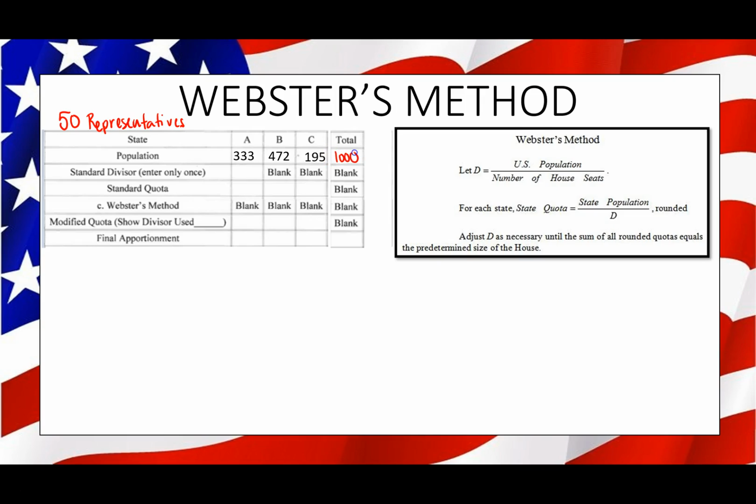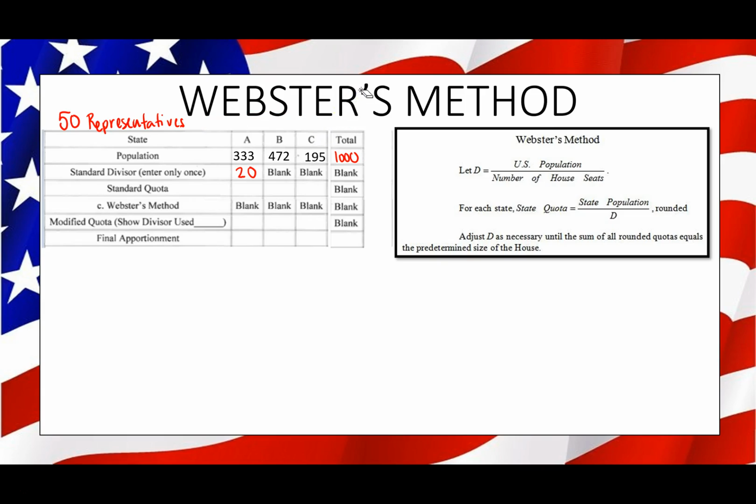Remember, to get our standard divisor, we're going to do 1,000 divided by 50. And that gives us a nice number of 20. Now, we are hoping that we can actually get the standard quota and it works. In other words, that we don't need a modified quota. We don't have to change that 20 to a 19.9 or a 20 point something.